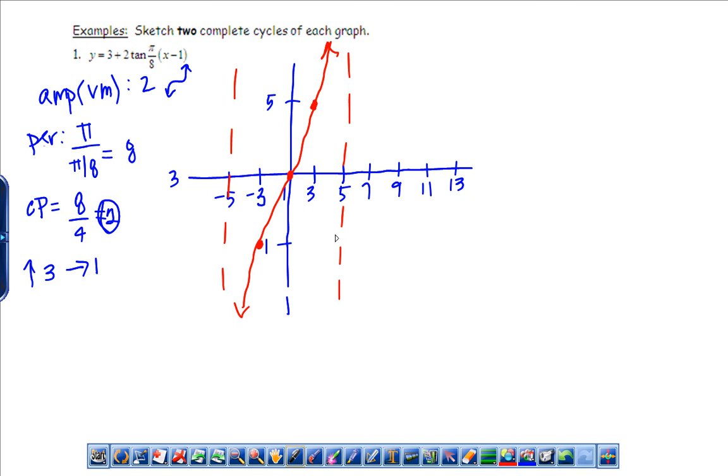So I have an asymptote. So I'm going to go from a low point to the middle point to the top point, and then I have an asymptote. They're always surrounded by asymptotes, and tangent goes from decreasing to increasing. If you wanted to, you wouldn't have to go to the left, but you could just continue going to the right as long as you had 2 full tangent lines.